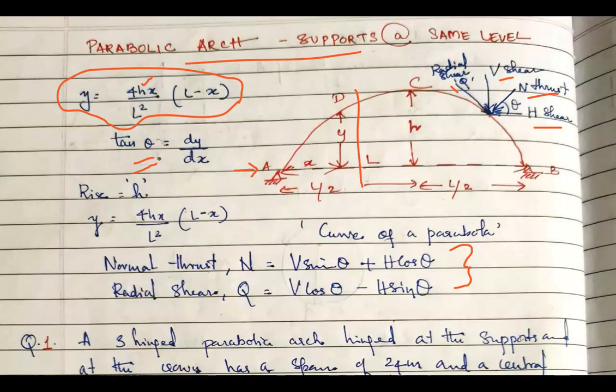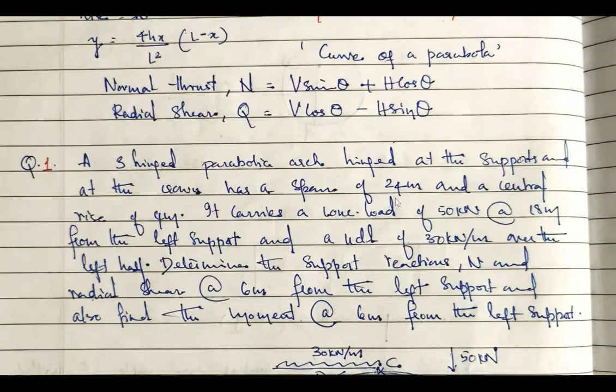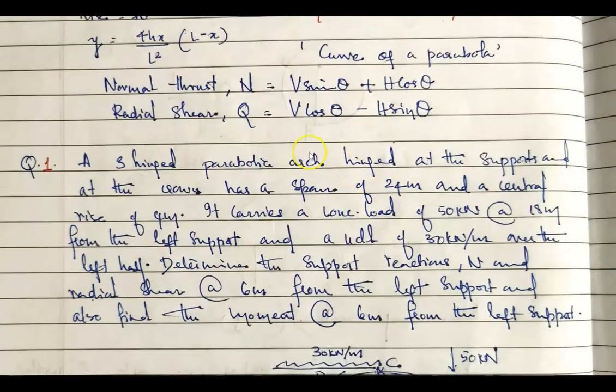Now these are the equations required for doing problems of a 3-hinged parabolic arch whose supports are at the same level. Now just note down the problem. A 3-hinged parabolic arch, hinged at the supports and at the crown, has a span of 24 meter and a central rise of 4 meter.